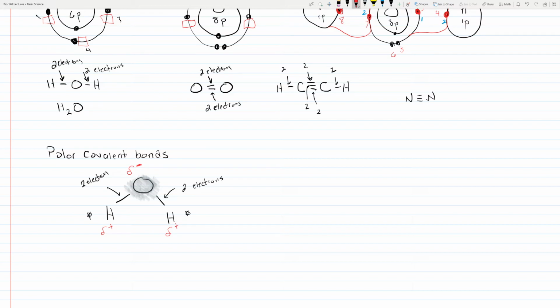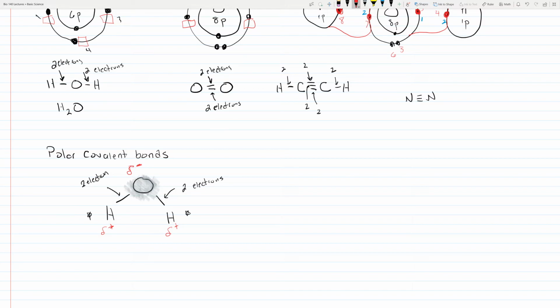And this little funky thing is called delta. Delta minus and delta plus mean slight, very small. Okay, and that's what's called a polar covalent bond. The electrons are being shared between the oxygen and the hydrogen, but they're being shared unequally.